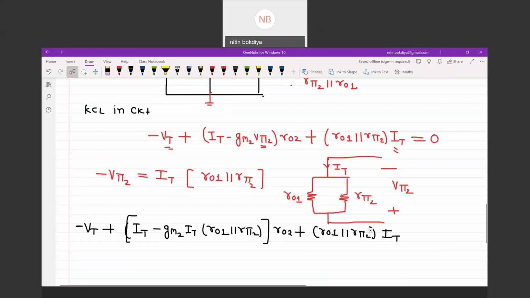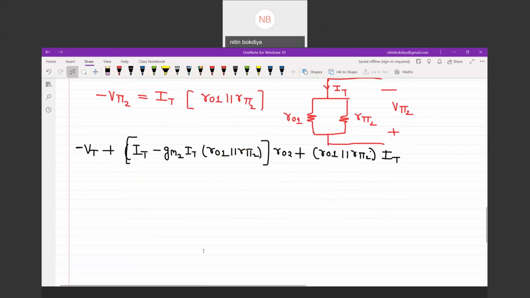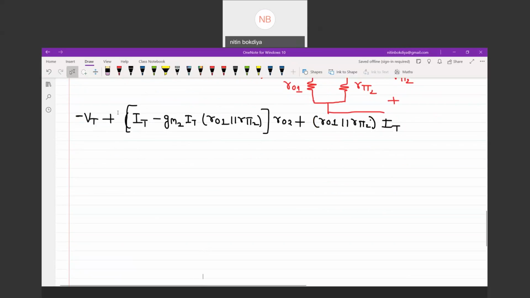So can I say the value of VT by IT, making Vi equal to 0, is, and this is minus minus, how much will it be, plus. So this is R02. Which resistance is R02?